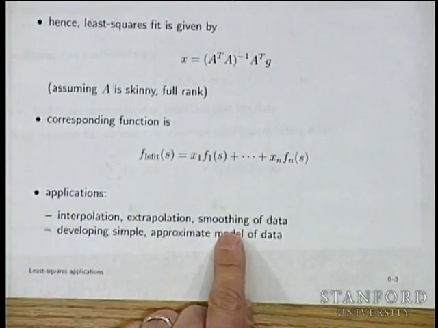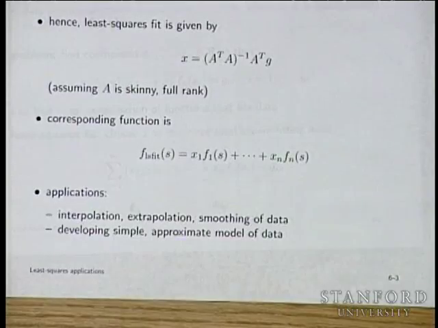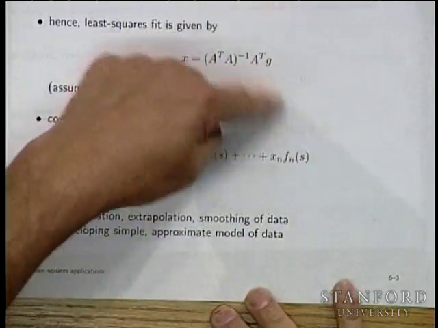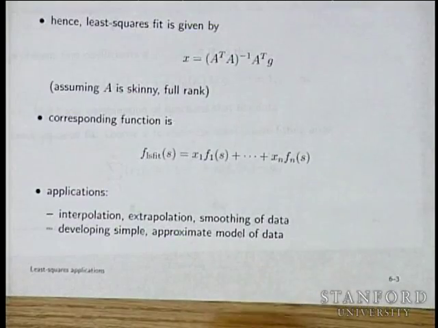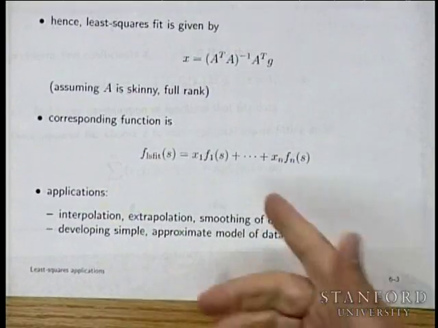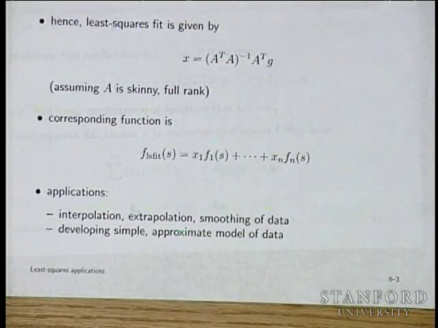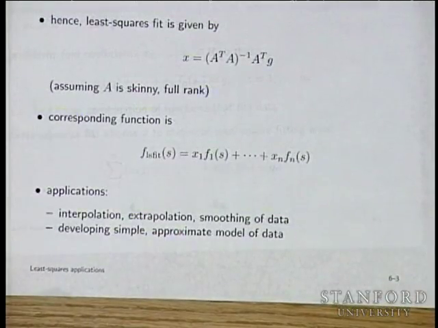You can also do smoothing of data. If the data has lots and lots of noise, but you have a lot of it, and you fit it, you're actually going to get a nice smooth thing, so you can use it as a method to denoise measurements.